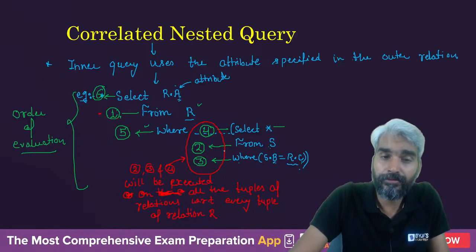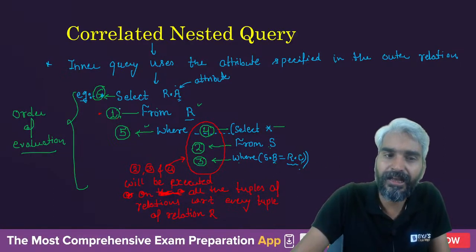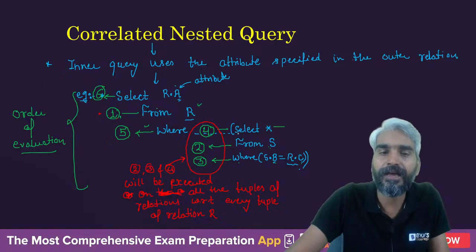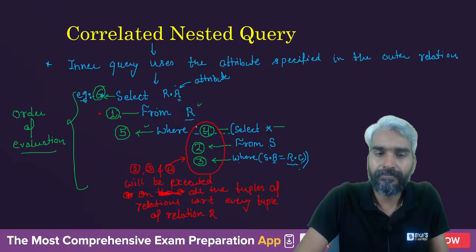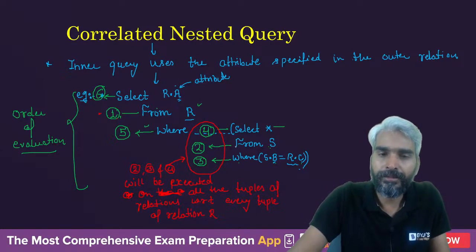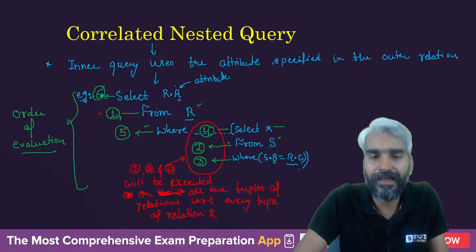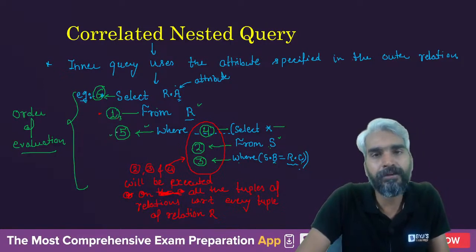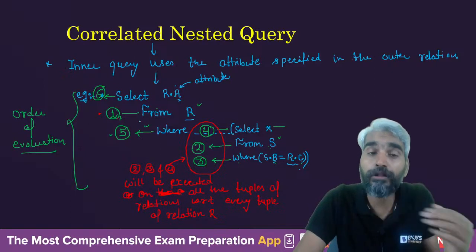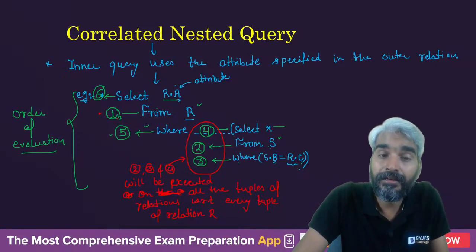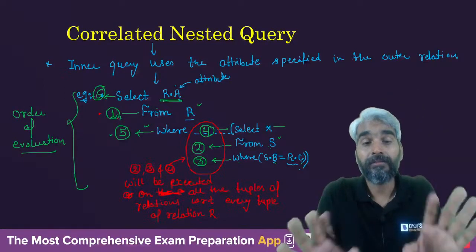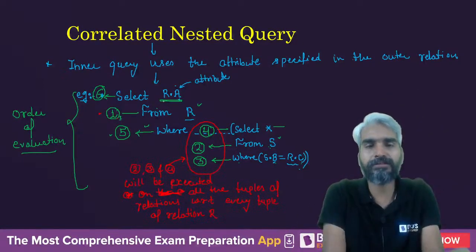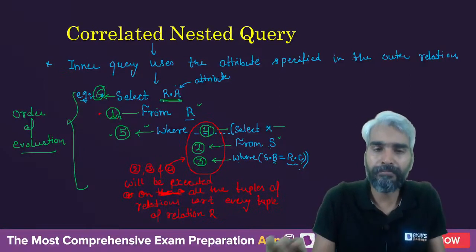Similarly, once we are done with the first tuple of relation R, we will choose the second tuple of relation R. Then we will again process this inner query on the complete inner relation with respect to the second tuple of relation R, and then again the where condition will produce its output either true or false, and based on that the selection will be performed with respect to the second tuple. We will understand this concept with the help of an example, but for the time being let it be.